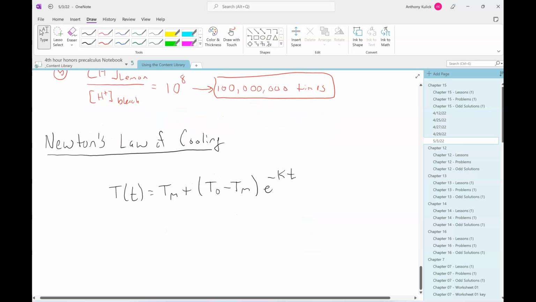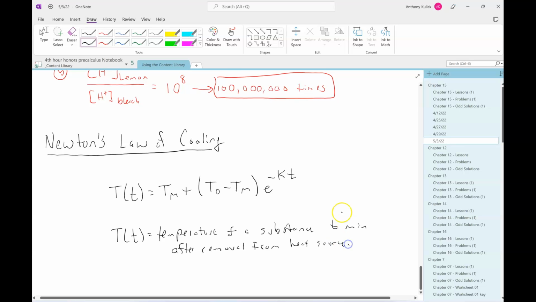So this is the formula for Newton's law of cooling. T of t is the temperature of a substance t minutes after removal from your heat source.